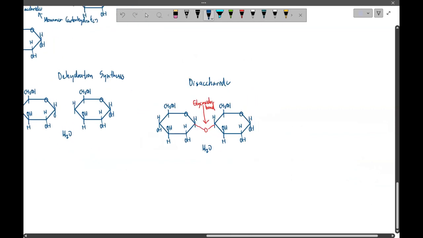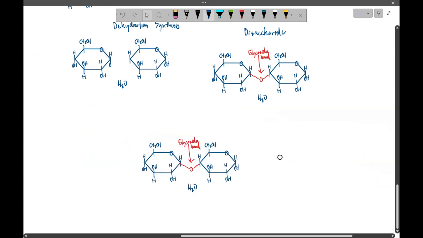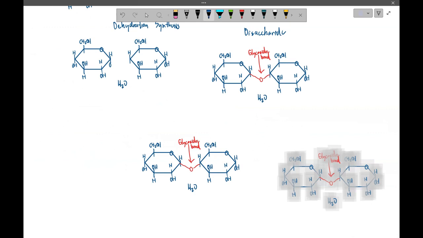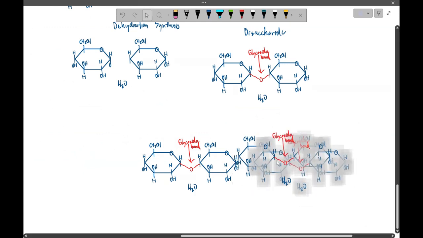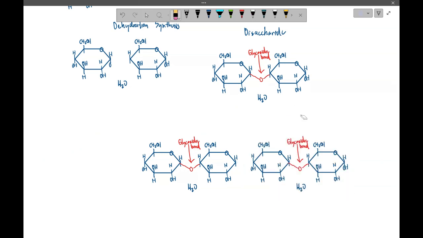Now, the process doesn't stop here. You can have the disaccharide bond with even more monomers or disaccharides and whatnot, and you can have a polysaccharide. So you can end up with many sugars all linked together in one molecule.